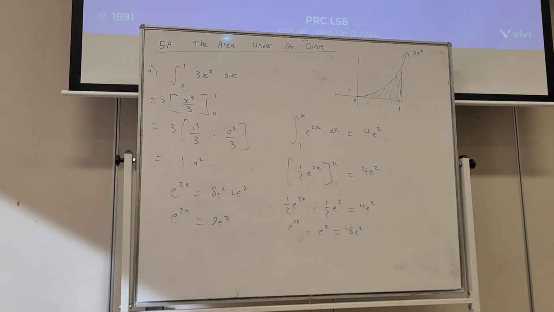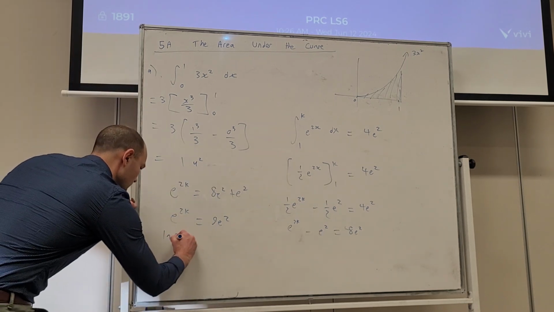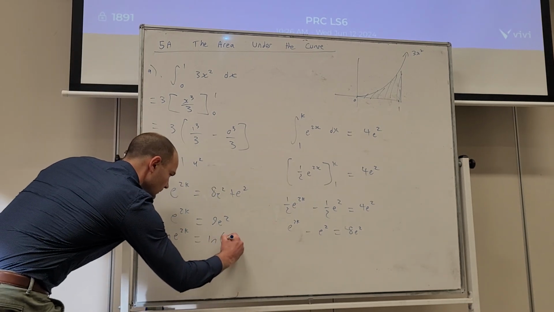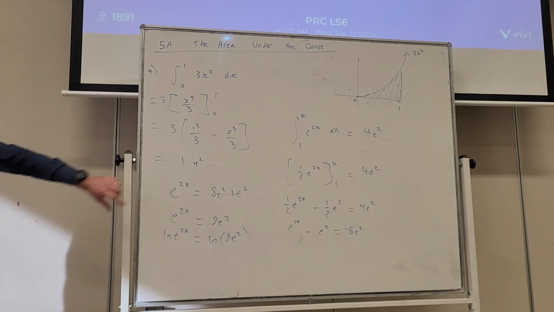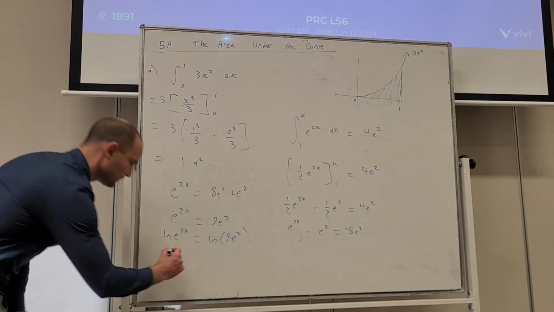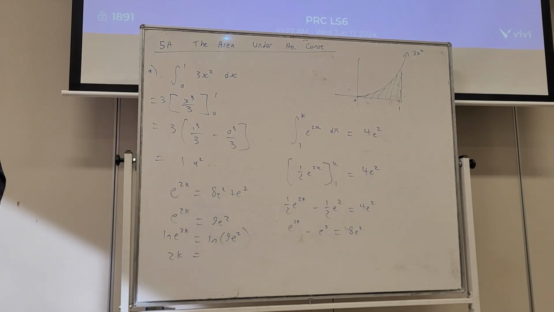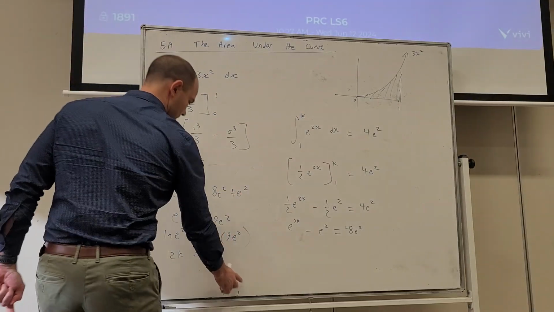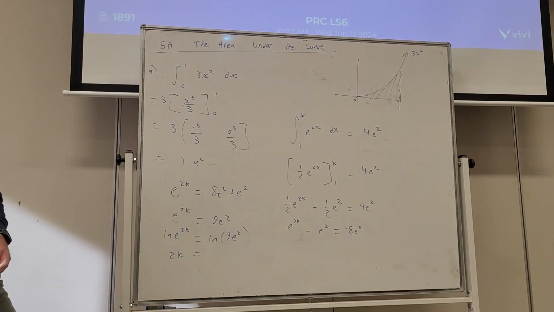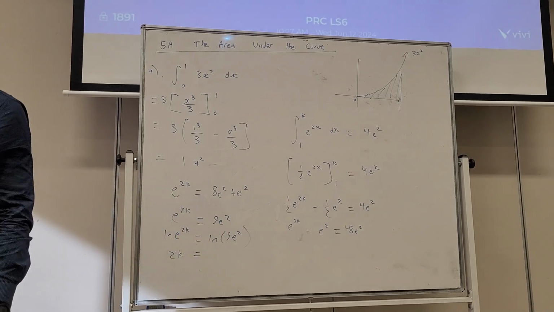Okay, we will ln both sides. Now over here, this is going to simplify to 2k. Now, if we were solving this previously, we would just write it as k equals half ln of 9e squared.